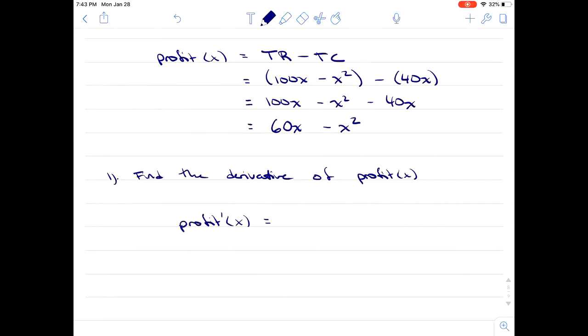So now, right, we just do the same thing, right? Give it a bump from the right. And so the derivative of 60x just becomes 60, right? The x disappears. So we get 60 minus, and then we bring that 2 in front, 2x. So there's the derivative of the profit function.